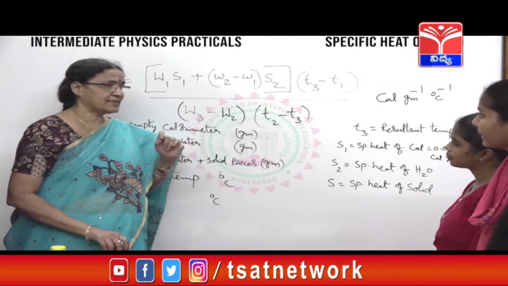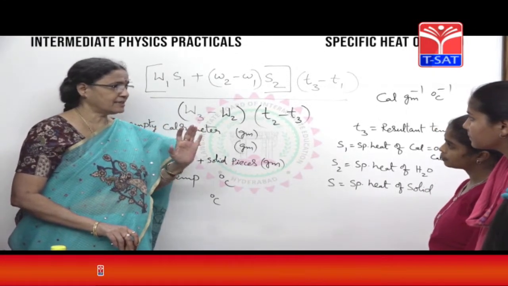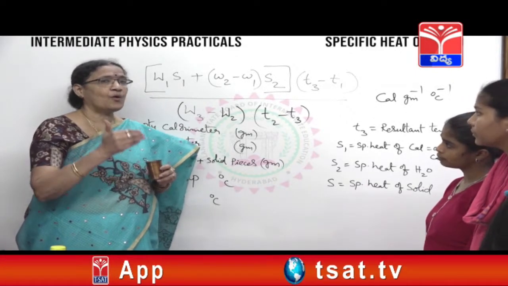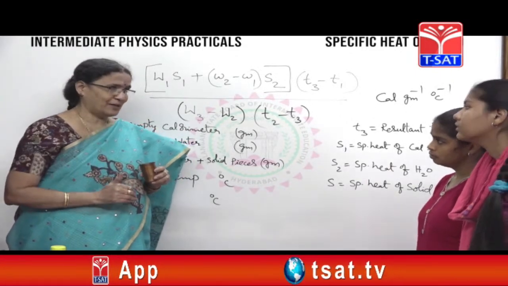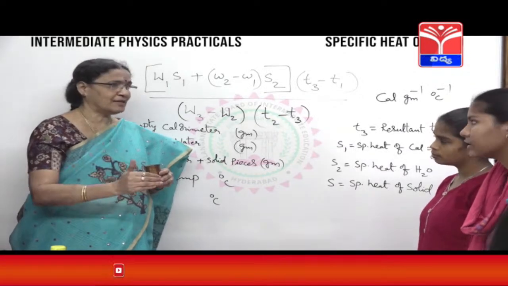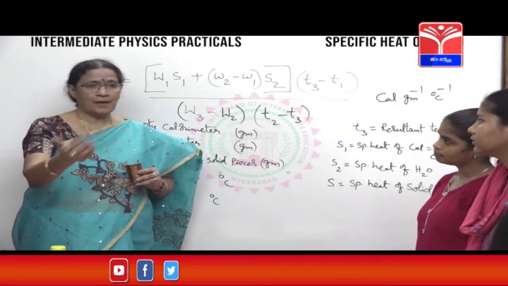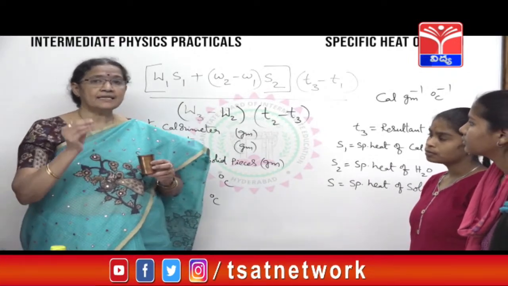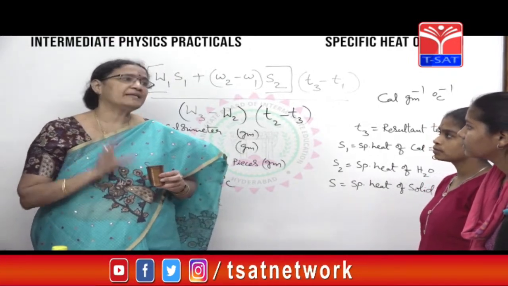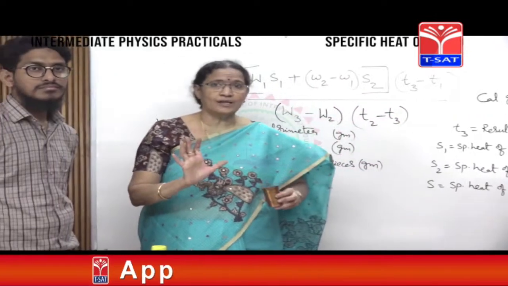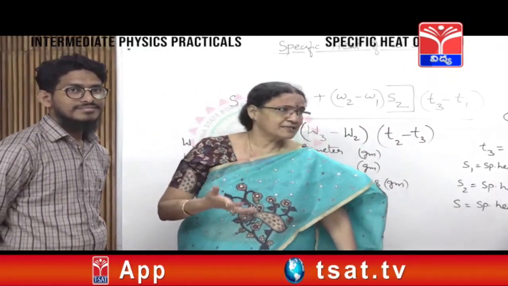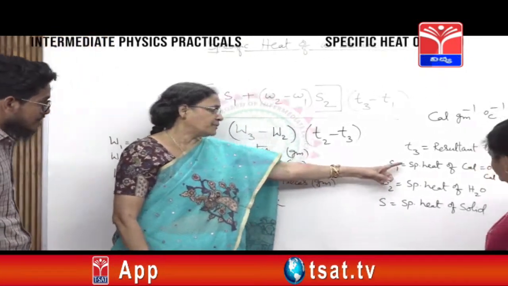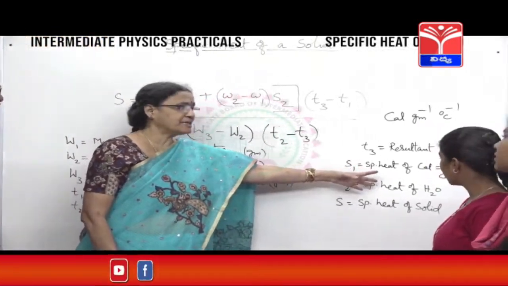So why I'm asking this is, you should understand this is something to do with the material. Gold has some specific heat value. Copper has some value. Iron has some value. Like that, this specific heat is characteristic of the material of the substance, but not the amount of the given substance. So that's why here I have written specific heat of calorimeter.